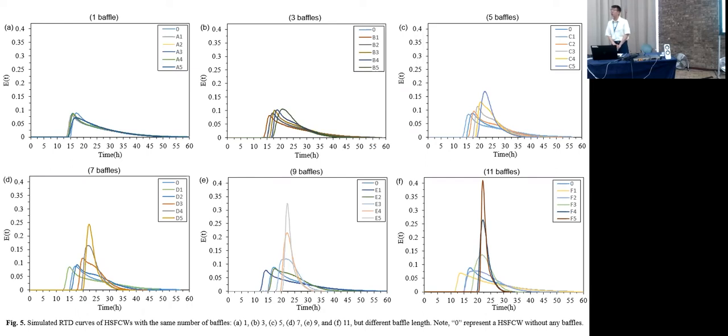The variance indicates the dispersion and mixing condition in the tank. If the variance is bigger, then there is more back mixing in the tank.